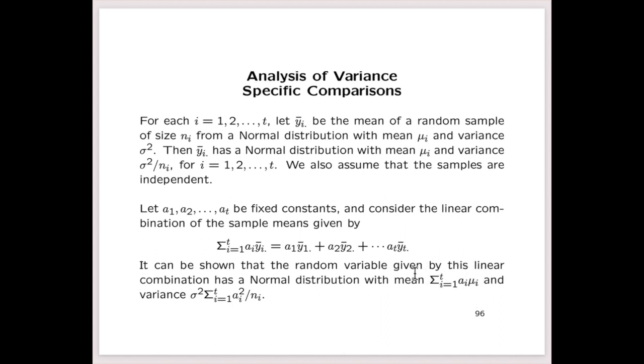So that is the mean of the distribution of the linear combination of the means. And the variance of this linear combination is sigma squared, the common population variance, times the sum, i going from 1 to t, of a sub i squared over n sub i.